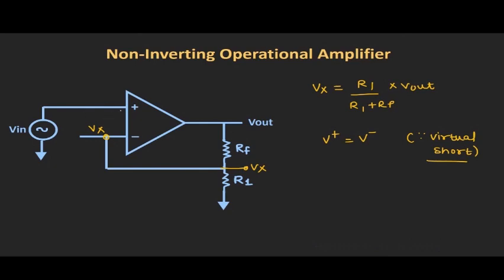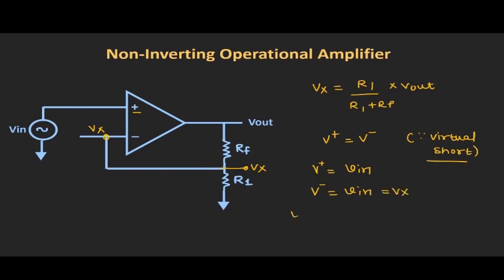Here in this configuration, we are applying the input voltage to this non-inverting terminal. That means V plus is equal to V in. So because of this virtual short, at this inverting input terminal also, the voltage should be equal to V in. That means V minus should be equal to V in. And we know that V minus is equal to Vx.